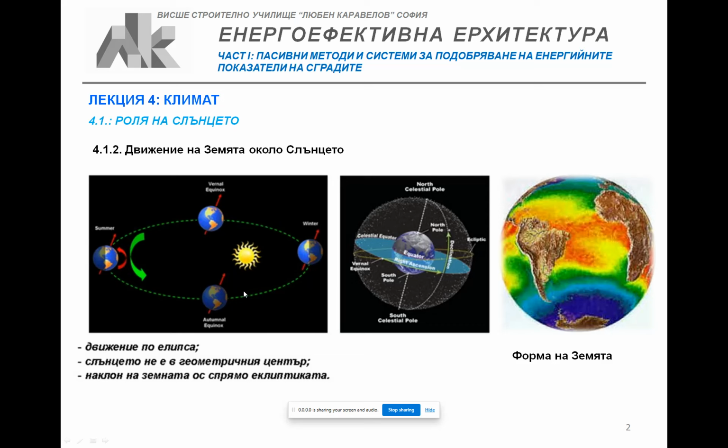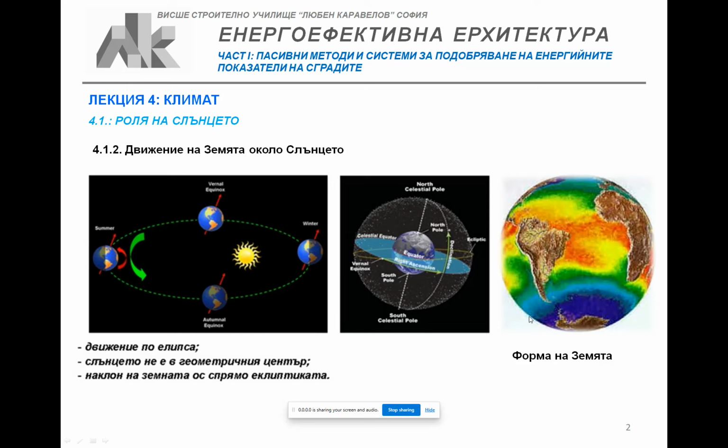Then we have the middle seasons, the spring and the autumn, and when the northern hemisphere is inclined towards the Sun and we have summer, and there is winter in the southern hemisphere, the Earth is the furthest away from the Sun, which means that in the northern hemisphere we have milder winters and cooler summers compared to the same seasons in the southern hemisphere.